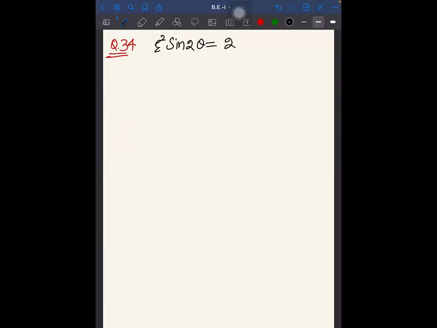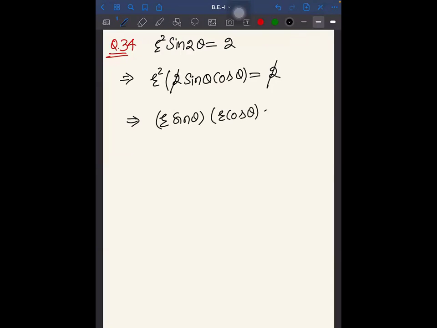So we smartly replace sine 2 theta by 2 sine theta cos theta, and these two will get cancelled. So r sine theta times r cos theta, so xy equals 1. And what is that? Hyperbola. Yes, a rectangular hyperbola basically.